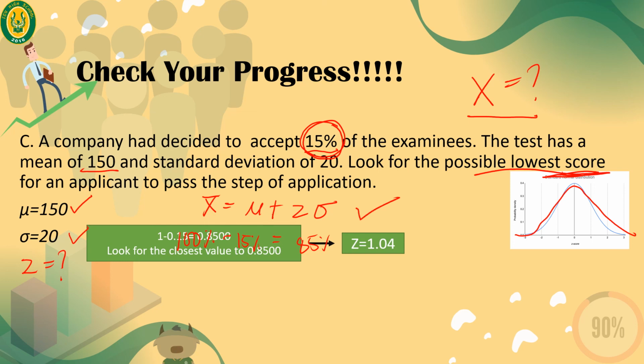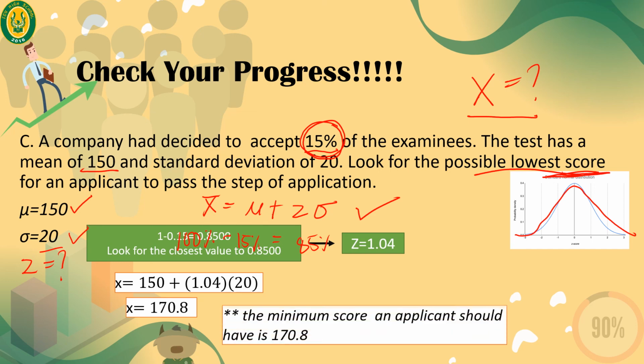So the result would be substitution of 150 plus the z-score, which is 1.04, times the standard deviation, which is 20. Okay, doing the math, you should get 170.8. So meaning to say, the applicants of that company must obtain at least a score of 170.8 in order to get into the company.